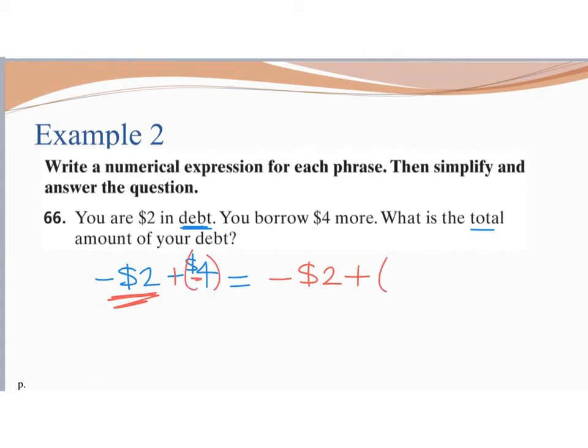So I end up with plus a negative $4. Well, when I do it like this, I can see that both of my numbers here are negative, and I'm adding two numbers with the same sign, or two numbers that are negative. So my final answer then is going to be a negative $6, which means you are $6 in debt now.